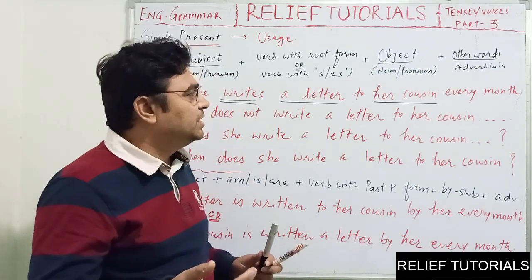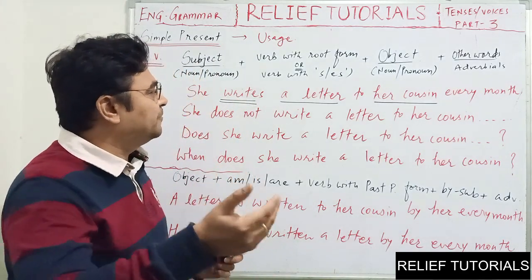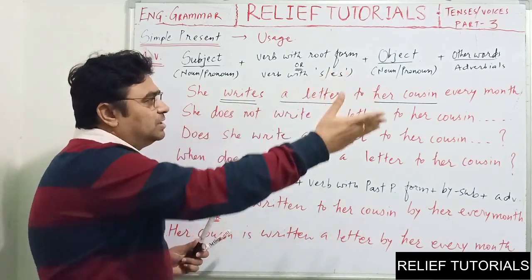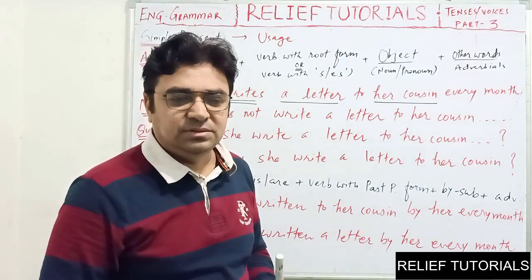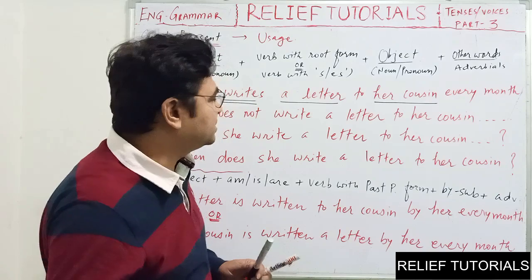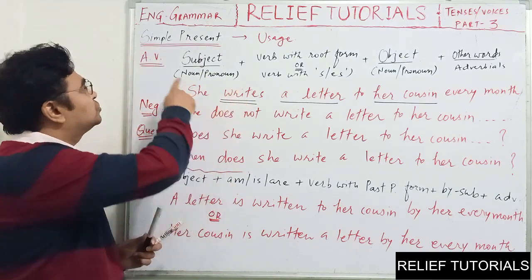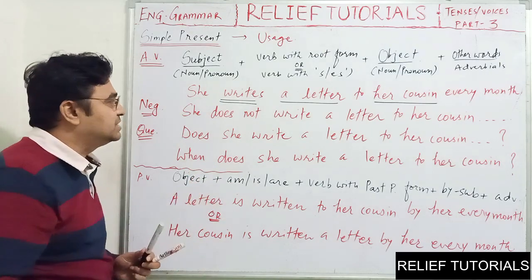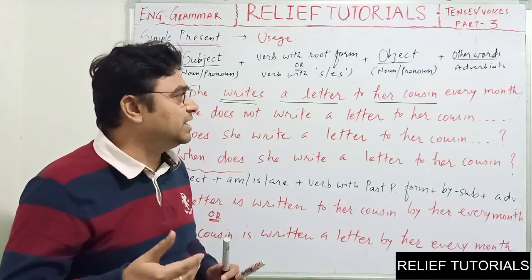So we can say, apart from the main parts of the sentence, subject, verb, and object, we have some other words that add to the meaning of the sentence. So this sentence belongs to simple present tense and active voice. The whole sentence is, she writes a letter to her cousin every month.